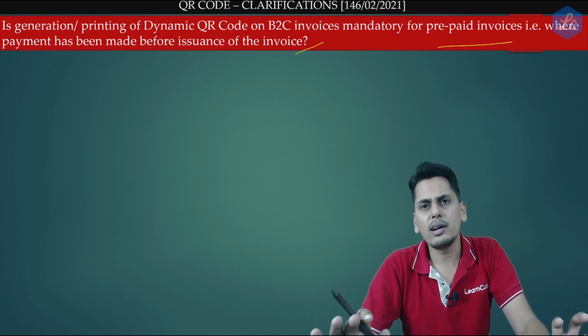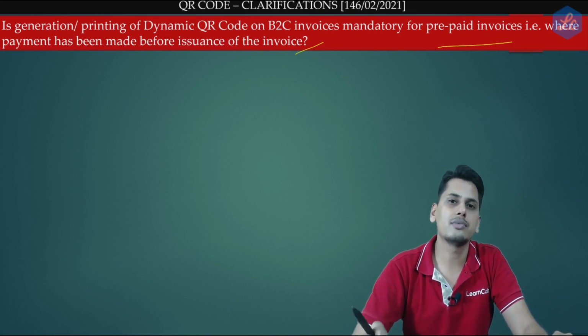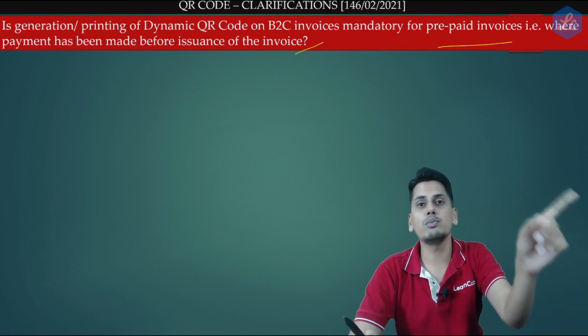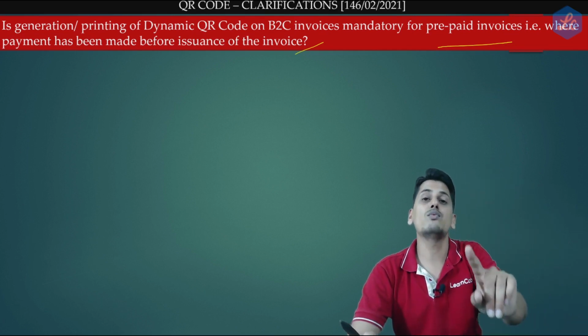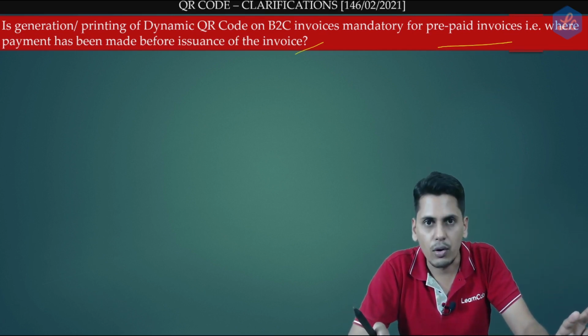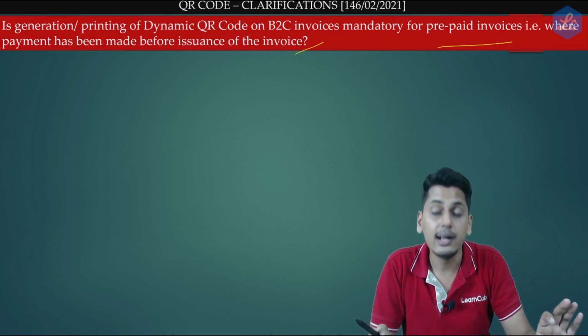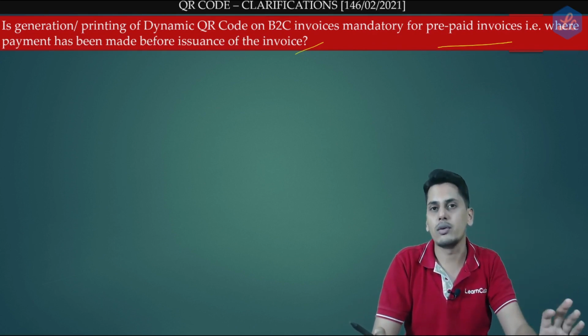So friends, what is the sum and substance of the discussion? The sum and substance is that dynamic QR code needs to be printed on the invoice only in those cases where the invoice is not a prepaid invoice. After the invoice is printed, if the payment is going to be made, it is mandatory to have the dynamic QR code printed on the invoice.